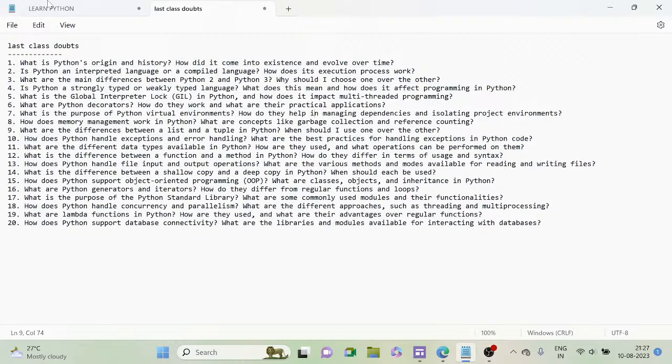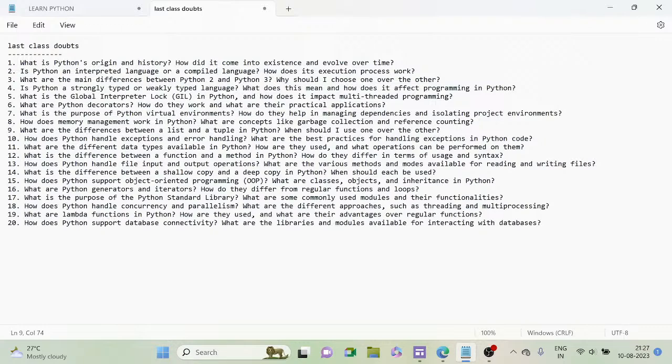One person learned its programming, found it very easy, and told many persons that it is easy. Is Python an interpreted language or a compiled language? It's an interpreted language. Interpreted language means it executes the code line by line.